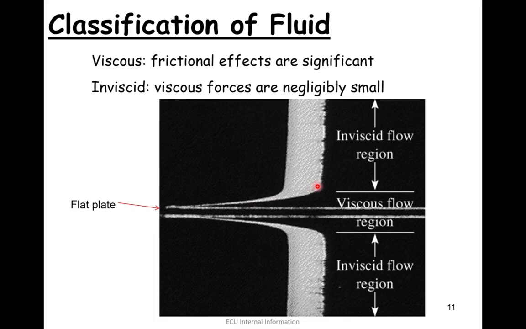But from here upward there is no relative motion of fluid, so we call it the inviscid flow region. Even though the flow is moving, there is no relative difference between different layers of fluid, so we call it inviscid flow. Similar things could happen at the bottom side, depending on how we arrange the flow over the flat plate, as shown in this figure.